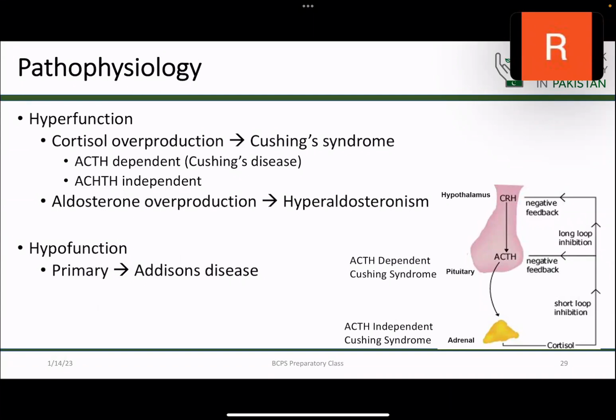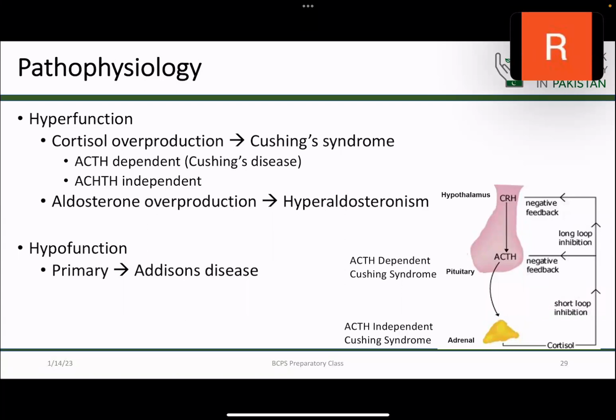So in hyperfunction states, there is cortisol overproduction, which is called Cushing syndrome. And there are two types of it, adrenocorticotropic hormone dependent, which is commonly known as Cushing's disease, and adrenocorticotropic hormone independent. Both of these are classified as Cushing syndrome, but only adrenocorticotropic hormone dependent disease is called Cushing disease.